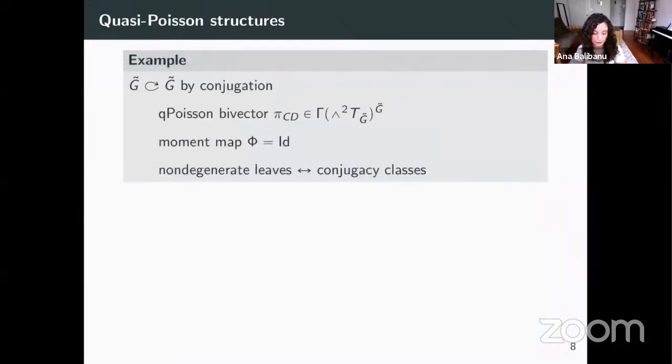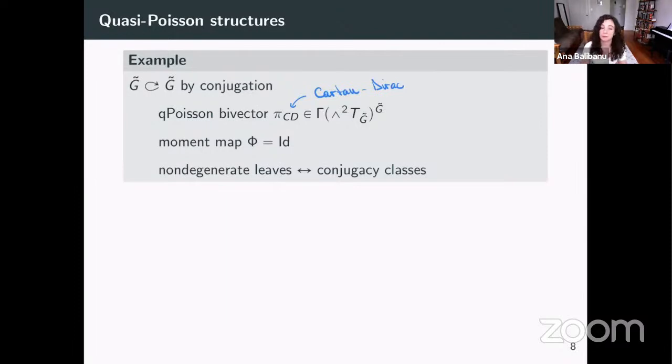So our first example is just the group G acting on itself by conjugation. This has a quasi-Poisson bivector, which I've called pi CD, which stands for Cartan-Dirac, like in some places in the literature.